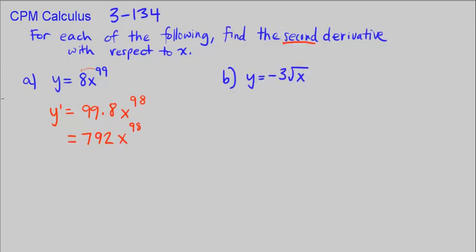So let's go ahead and find the second derivative, y double prime. And again, we're going to use the power rule on top of the first derivative. So we're going to bring down the 98. So 98 times 792 times x to the power of, subtract 1, 97. Okay?